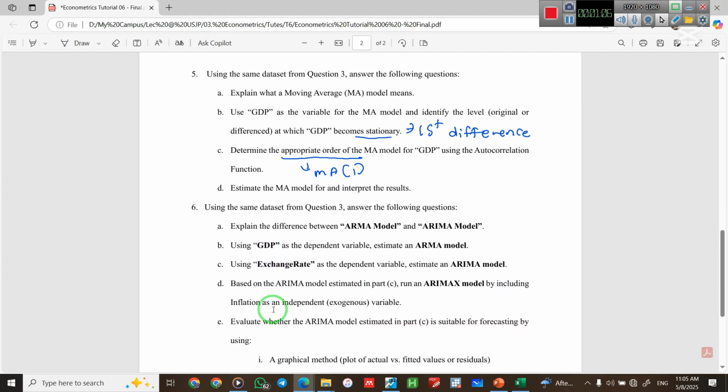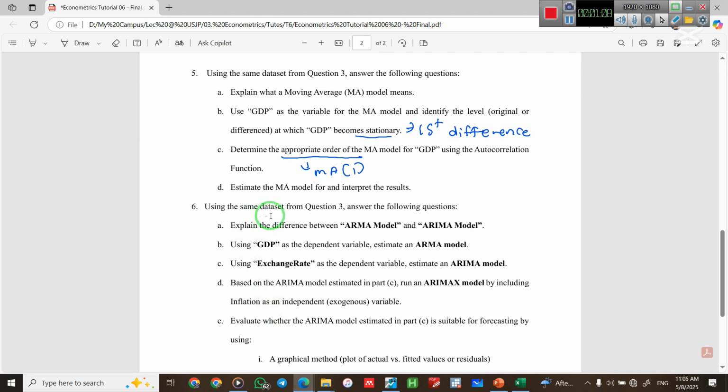In the sixth question, they are asking, using the same data set from question 3, answer the following questions, right? In part A, they ask, explain the difference between the ARMA model and the ARIMA model. You have learned about the ARMA model and the ARIMA model in your lecture, and now they ask to explain the difference between these two models, right?